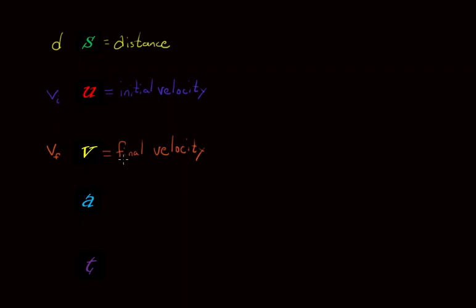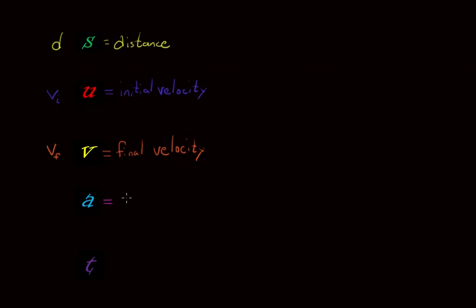But it's the final velocity. When you are done measuring, at the end of the time that you're doing this, that is what that velocity is. And of course, things don't always speed up, they can slow down. So V could be smaller than U. It just depends on how it works out.